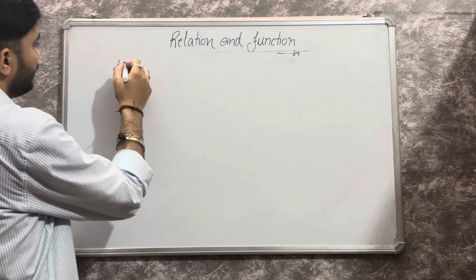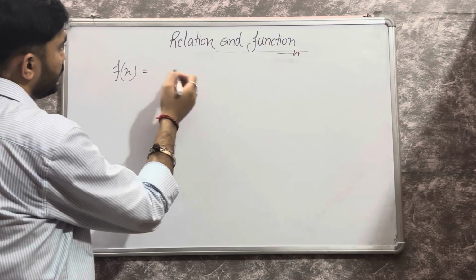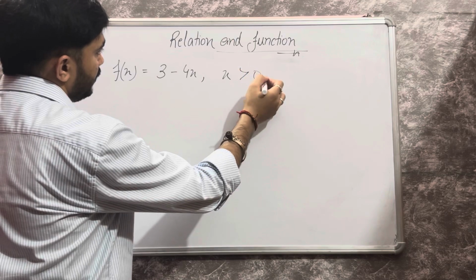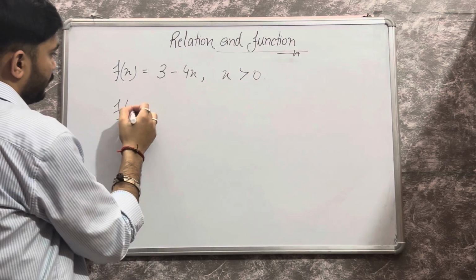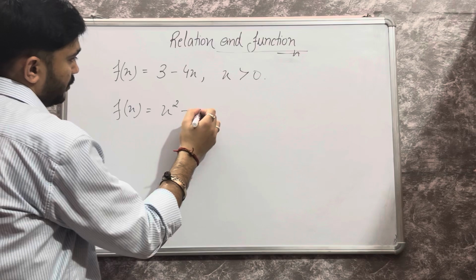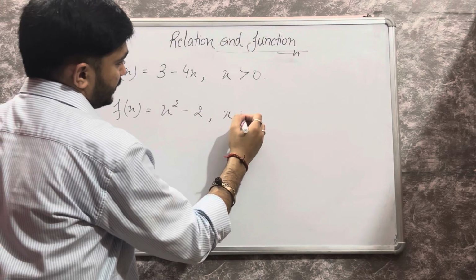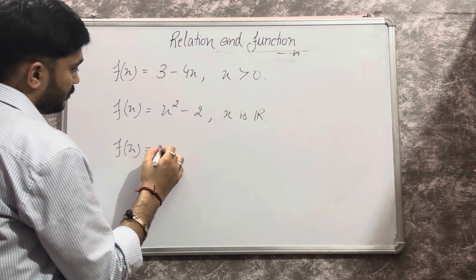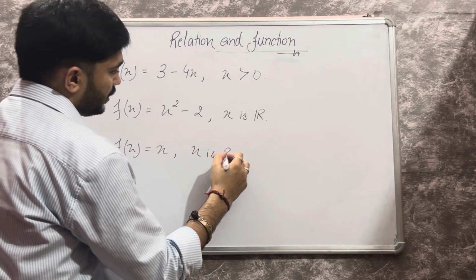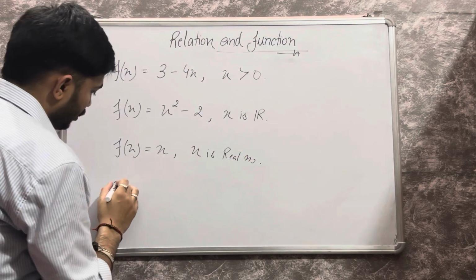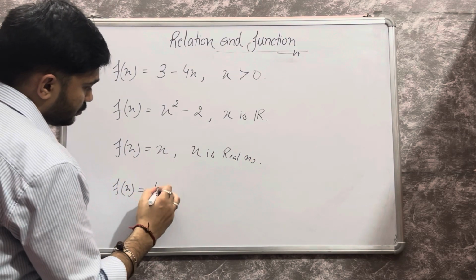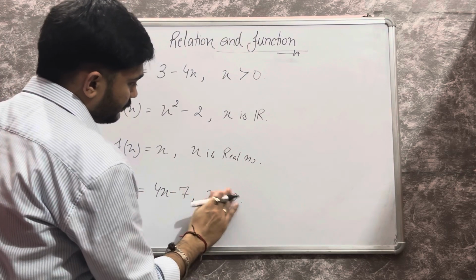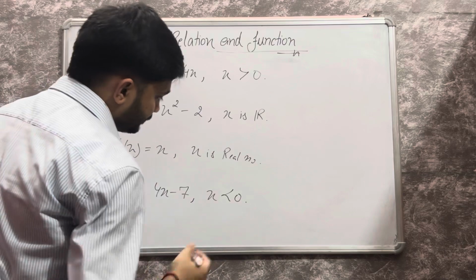What if f of x given to us is 3 minus 4x for x greater than 0, f of x is equal to x square minus 2, where x is a real number, and f of x is equal to x, where x is a real number, and also f of x is equal to 4x minus 7, where x is less than 0.